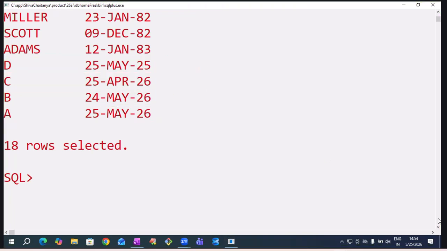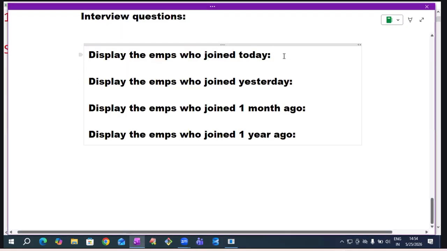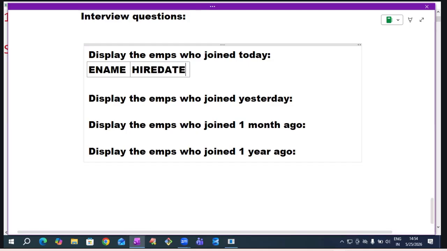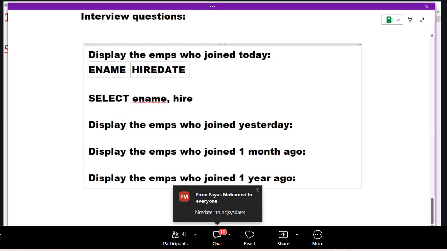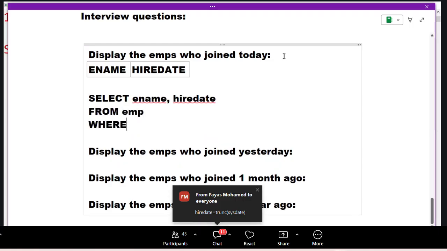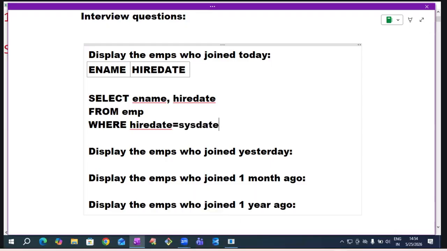4 records we inserted. Now the question is, display the employees who joined today. I want to get 2 columns only. Tell me the query, sir. What do we need to write? Where hire date equals sys date.